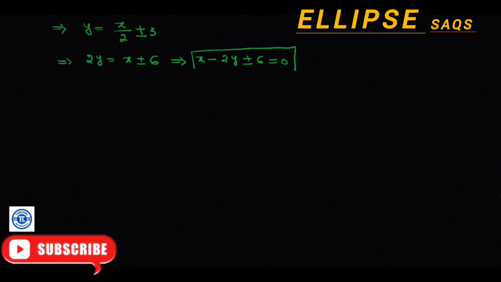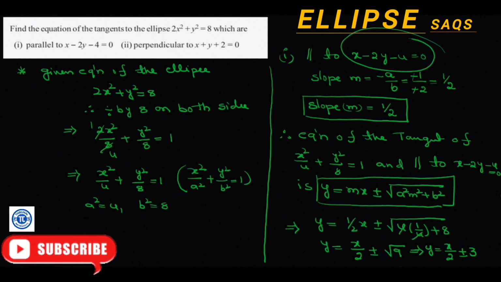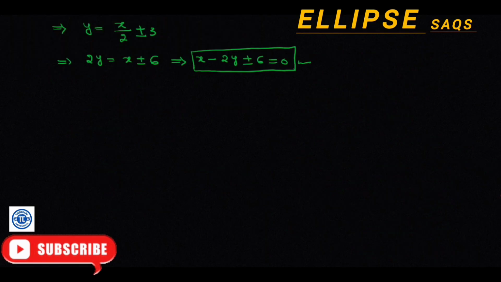Next step, take LCM, 2y is equal to x plus or minus 2 into 3 is 6. Then x minus 2y plus or minus 6 equal to 0 is the equation of the tangent of the ellipse, which is parallel to given line x minus 2y minus 4 equal to 0. Okay, is the first question.